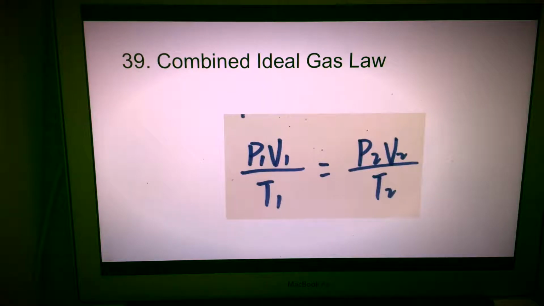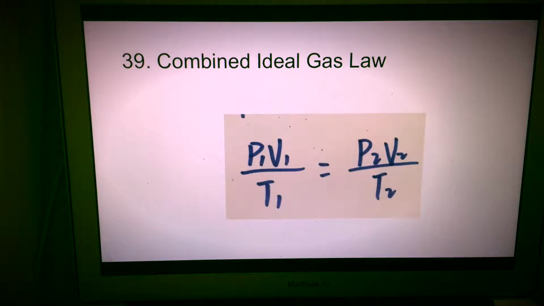39. Combined ideal gas law. P1 V1 over T1 equals P2 V2 over T2. It means when P increases, if T is kept constant, V will be decreasing.